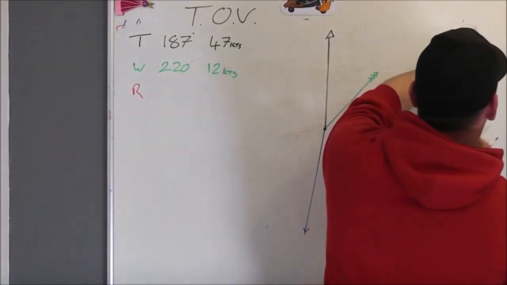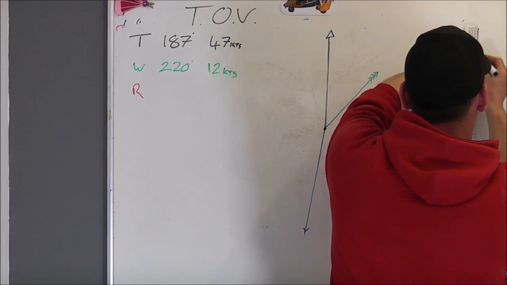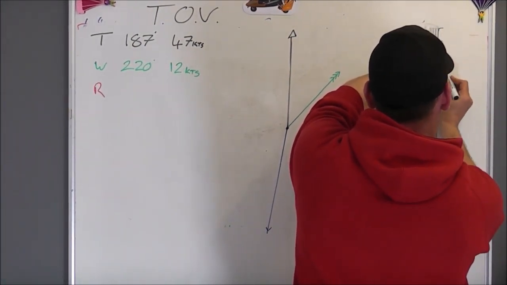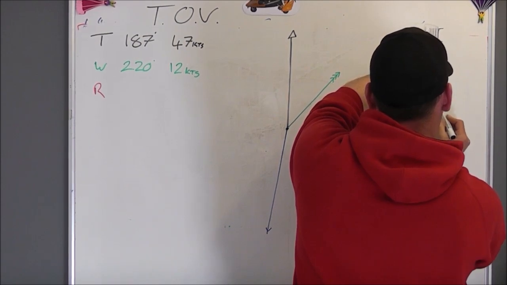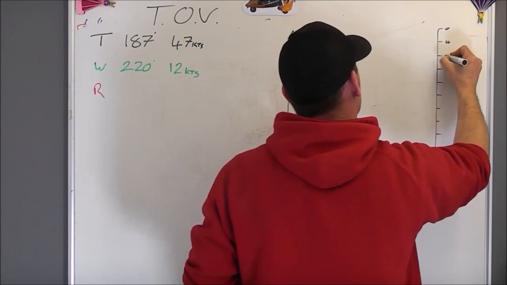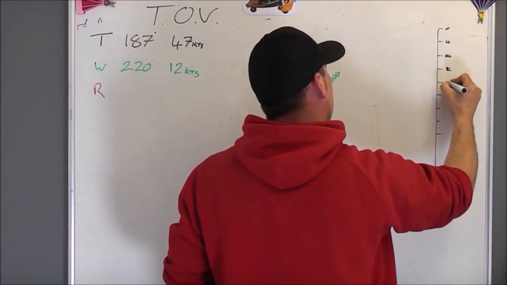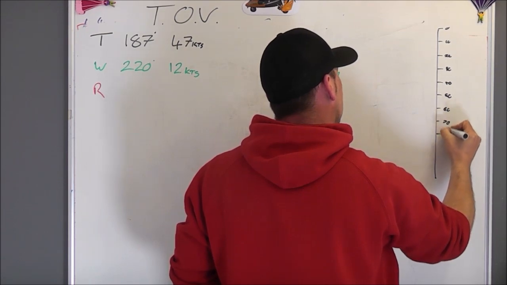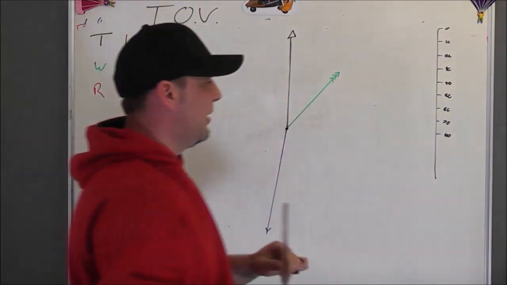Okay, so putting a scale on it here. So 0, 10, 20, 30, 40, 50, 60, 70, 80. Okay, so there we go, speeds.